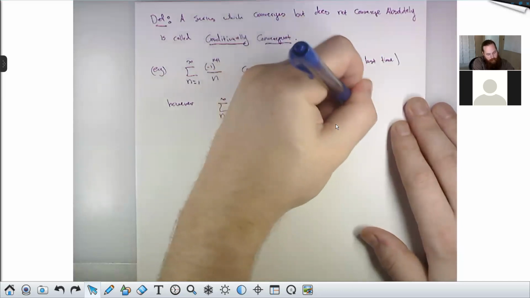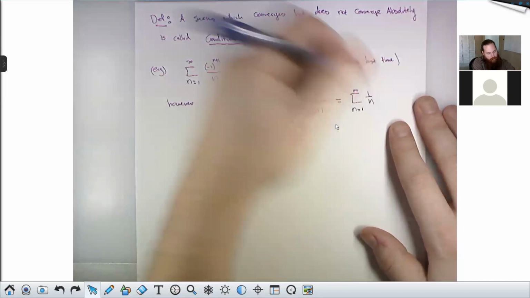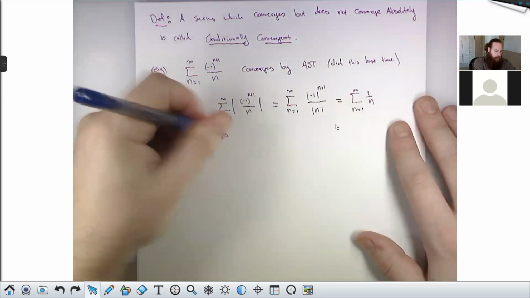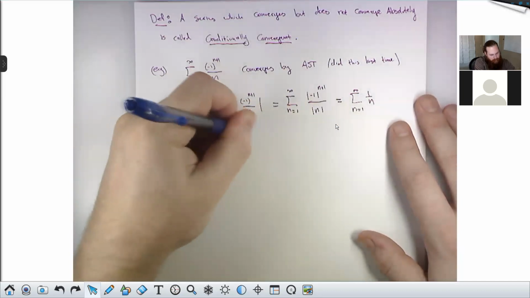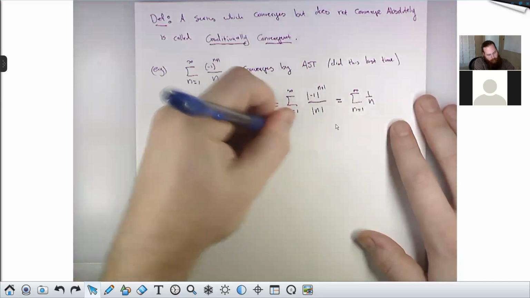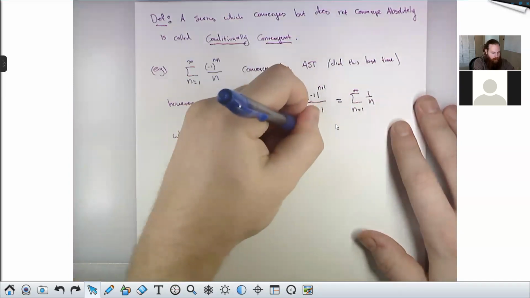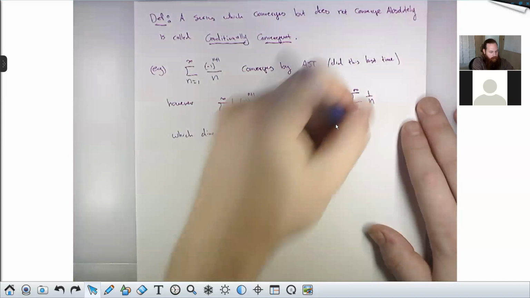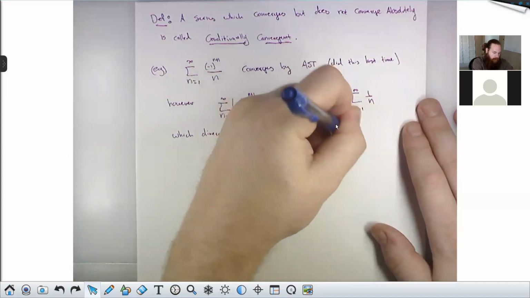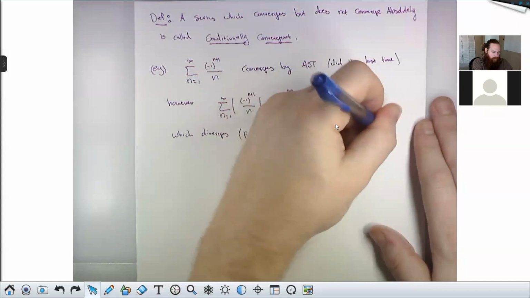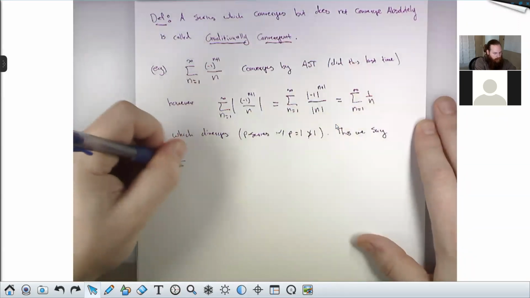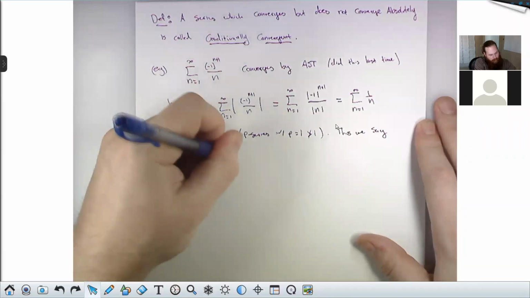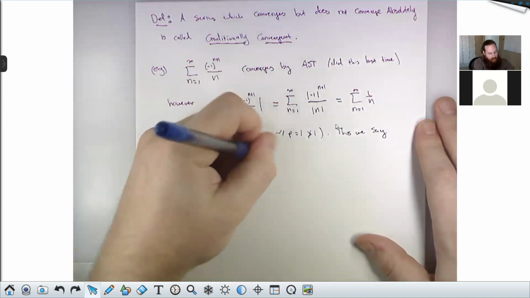This is sigma n from 1 to infinity 1 over n, which diverges. It's the harmonic series, or it's a p series with p equal to 1, which is not bigger than 1. So the original series here, sigma n from 1 to infinity (-1) to the n plus 1 over n, converges conditionally.